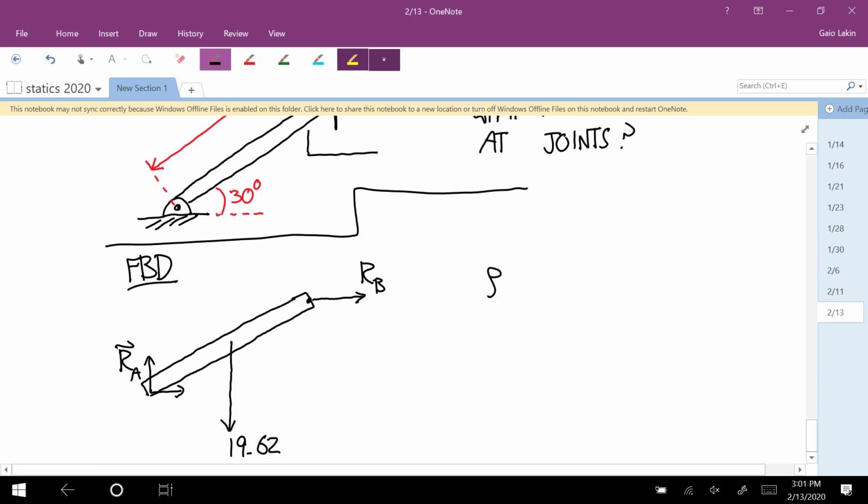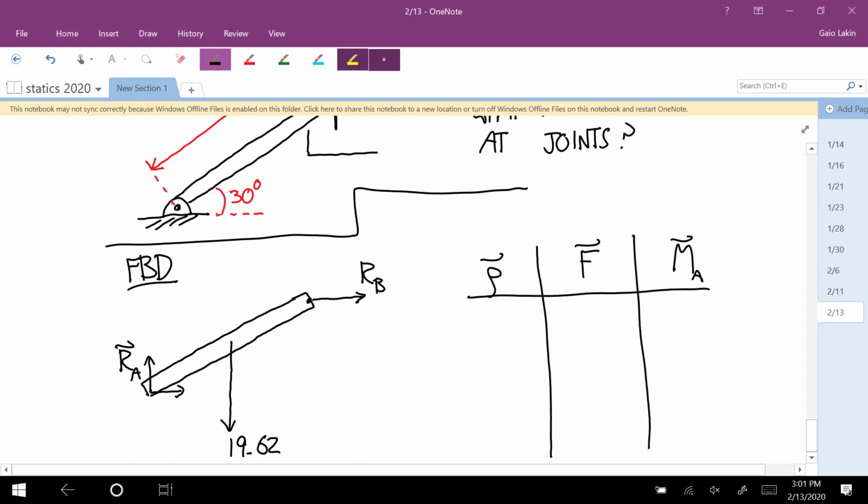Okay, so write out the table: rho, force, moment. And we have to choose an about point. Like I said before, I tend to choose the one with the most unknown forces. So I'm going to start with RA.